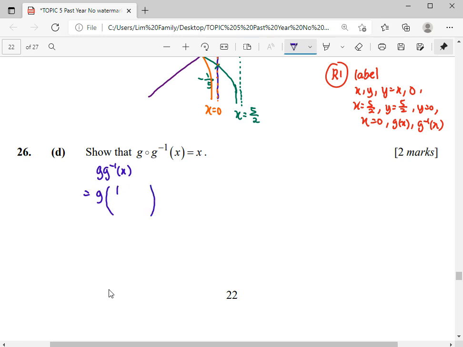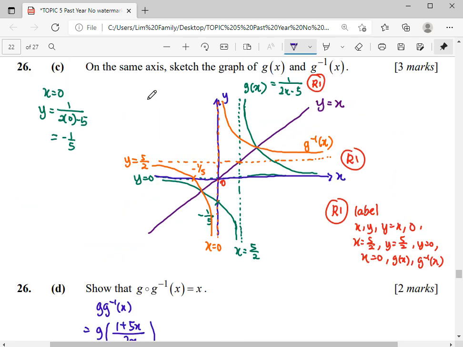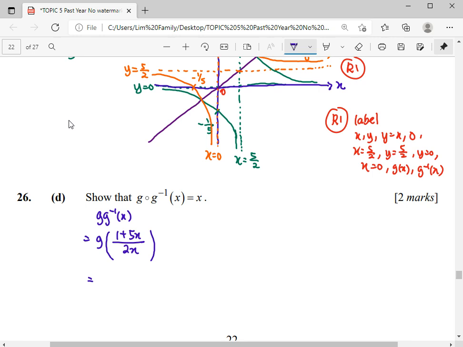So just now our inverse function is 1 plus 5x over 2x. So after we substitute our G inverse here, we're going to substitute this into our x in function G. So it will be 1 over 2x minus 5, substituting in the place of x here.